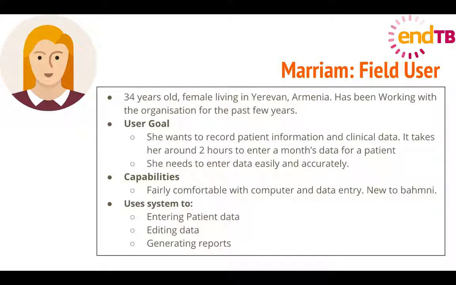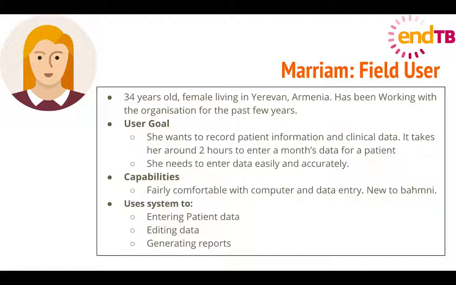Let us first look at our first persona, which is Mariam. Mariam is a field user. If I'm Mariam, I'm 34 years old, living in Yerevan, Armenia, and I've been working with this organization for the past few years. My primary goal would be to record patient information and clinical data.